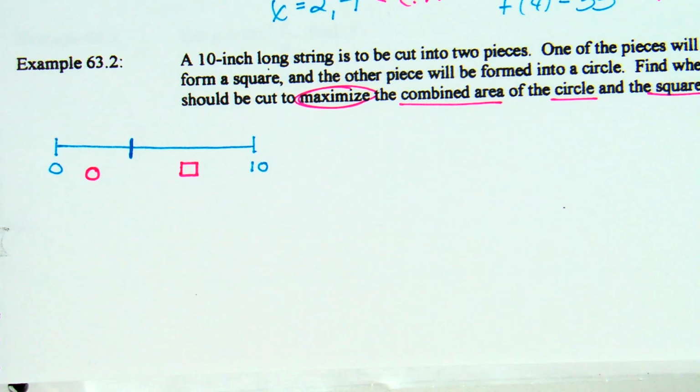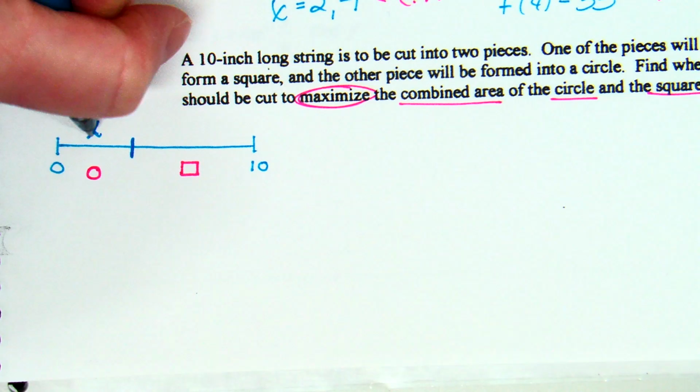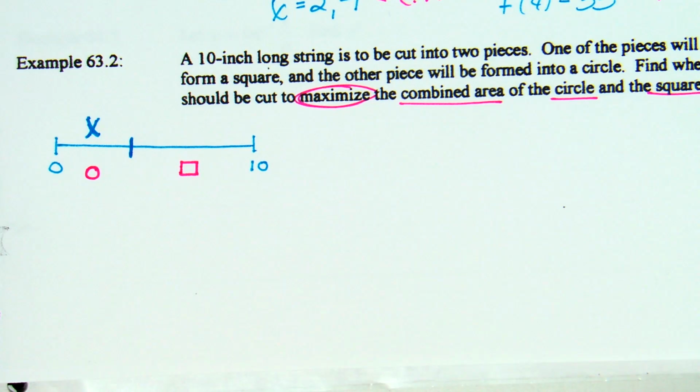Now, to get started, we need something to call these. So one of my pieces, I'm going to call x. Because the idea is I'm going to have to write an equation that's all in terms of one variable. If I call this piece x, how can I use x to name the other piece?